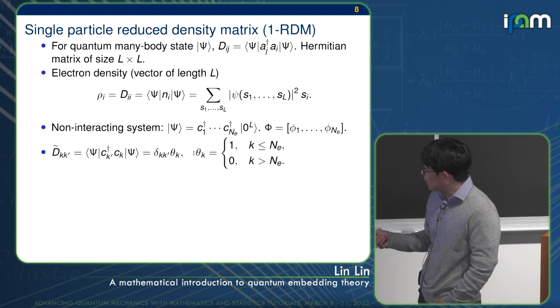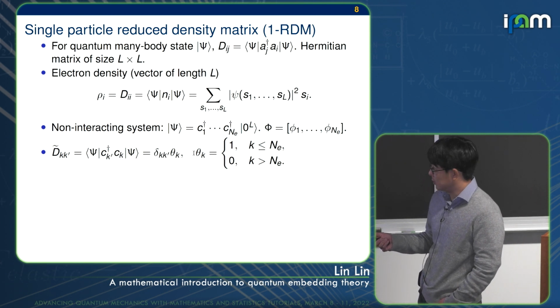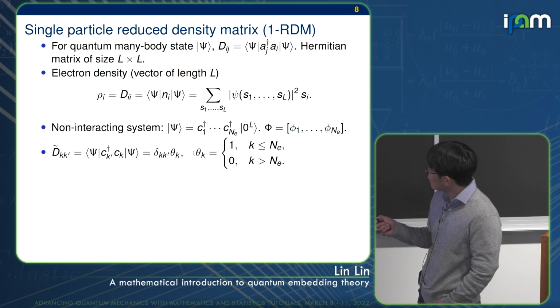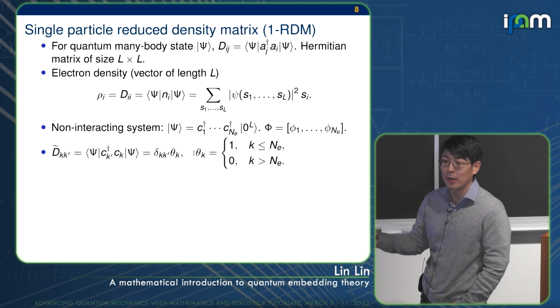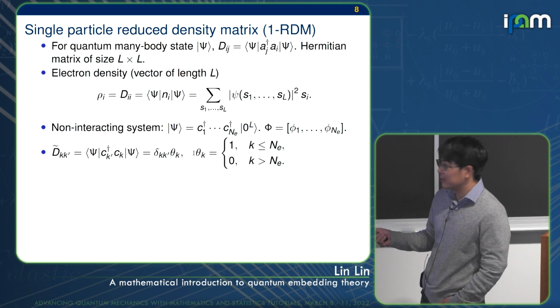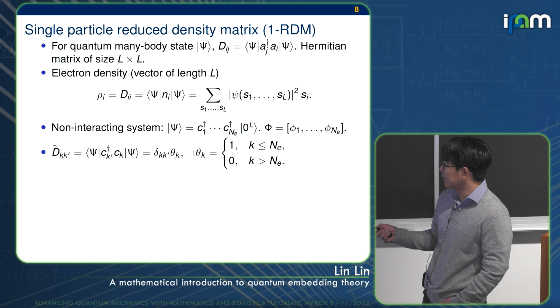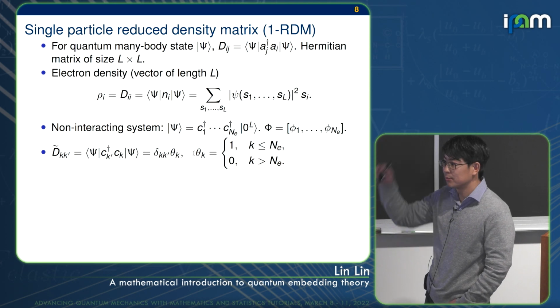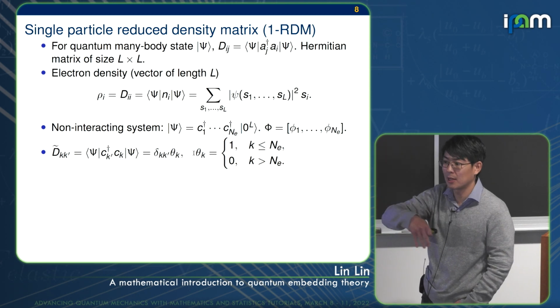Then you can follow the canonical anti-commutation relation and first evaluate this quantity called D tilde, which is with respect to the creation and annihilation operators of the rotated thing, this C_k, called the molecular orbitals, by the way. Then you will find that it's just a diagonal matrix. If this k is smaller than N_e, you get 1, otherwise you get 0, because you only have created things below the chemical potential.